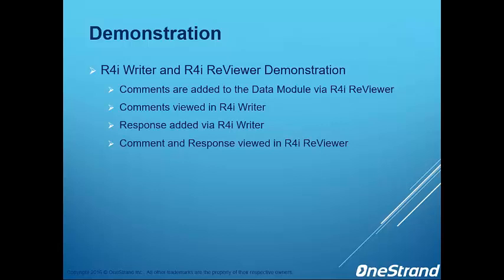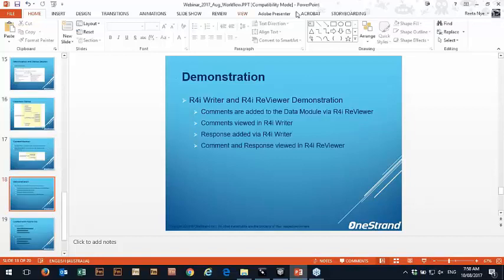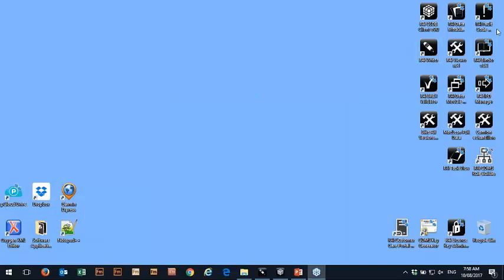I've got feedback from the engineers, etc. I'm going to see that information, update my data module, and then put a response in. From there, I'm going to go back into Viewer and see that response. So that's the process that we're going to do. That end response back in Reviewer is for the engineers to see what was done, to see that the change has been made, or the response from the author.